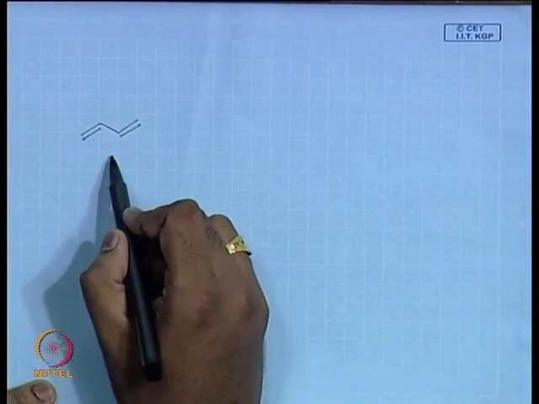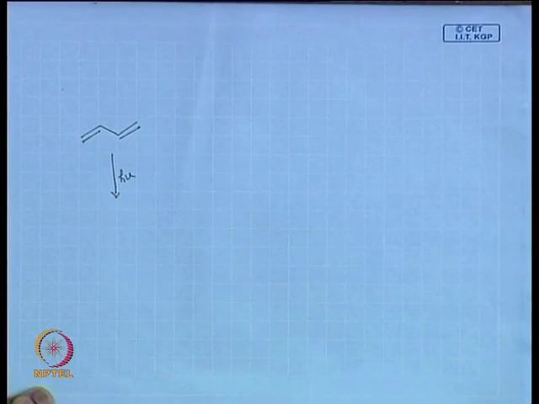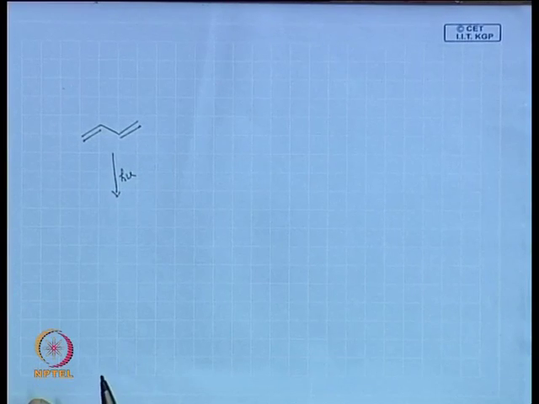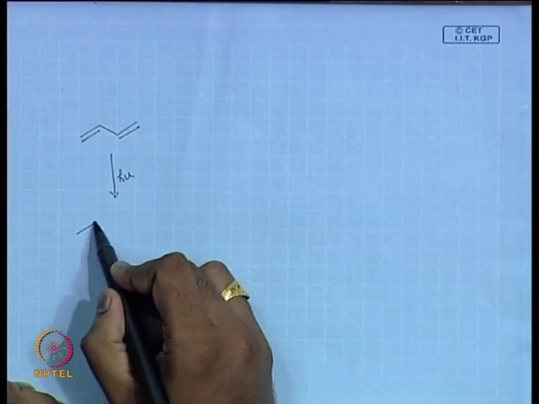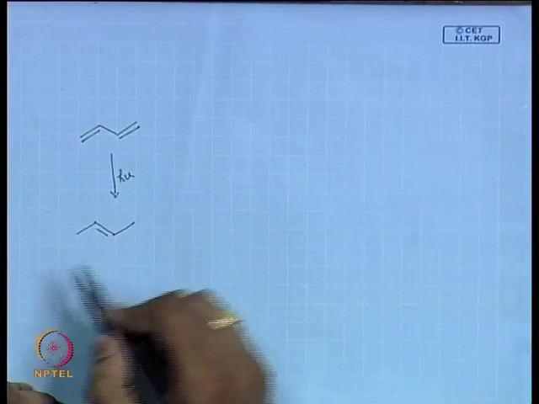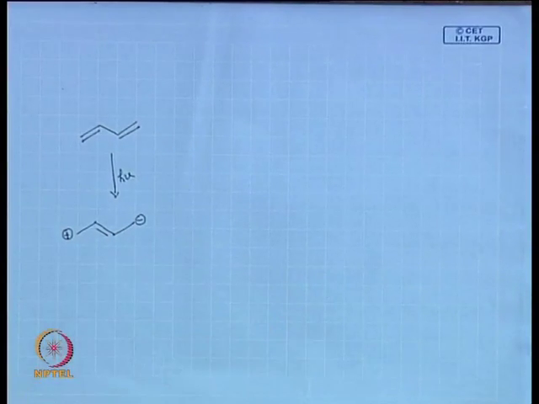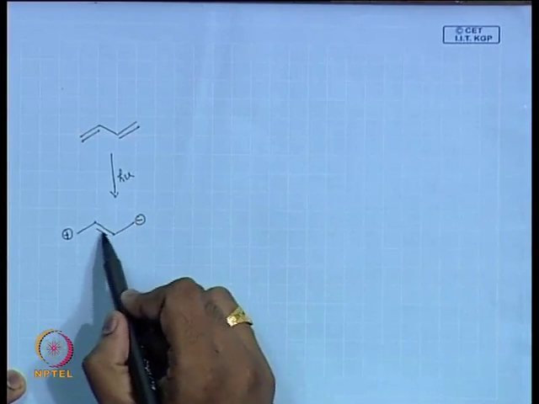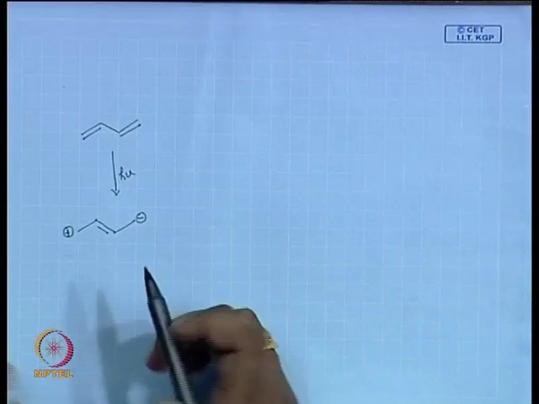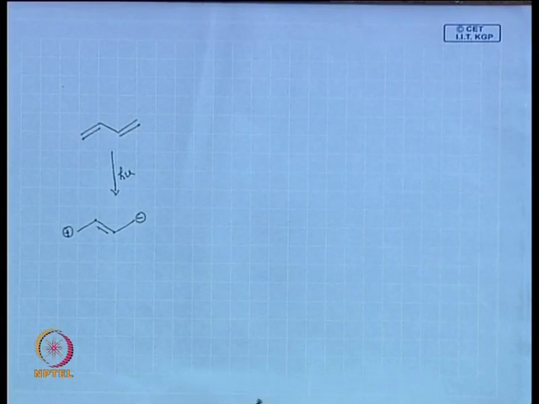So, if I photolyze this directly, what happens? You get a type of zwitterionic species because it is a direct excitation. This negative charge is overall like this within the double bond. So, it is not on the one carbon, it is like this. But just to understand it, that it is like this.